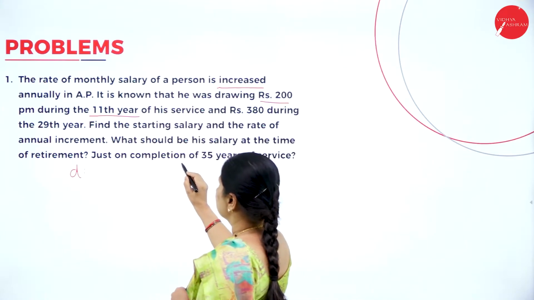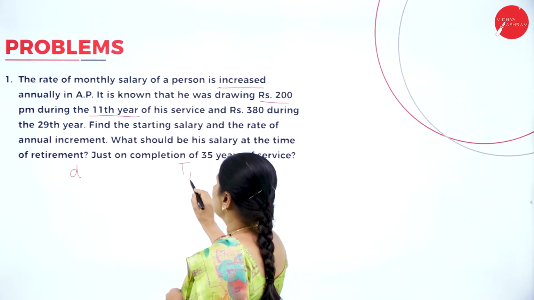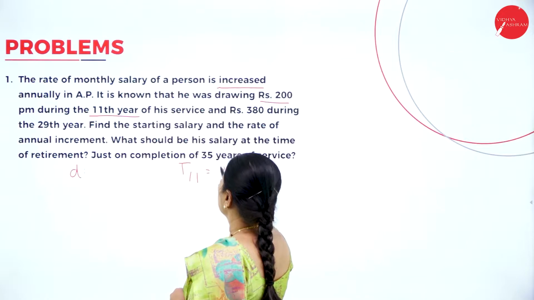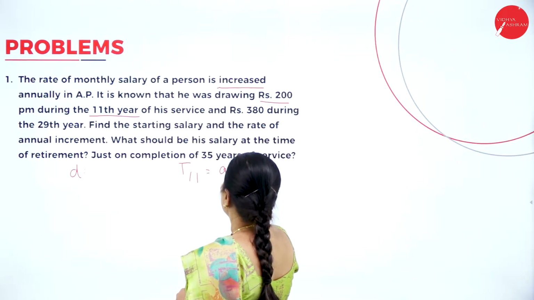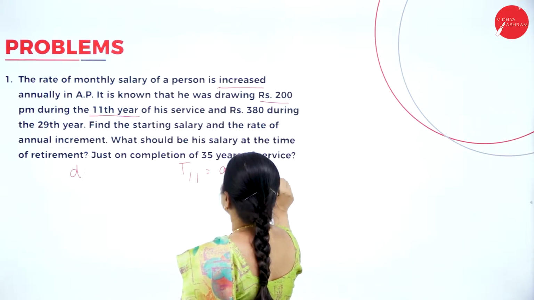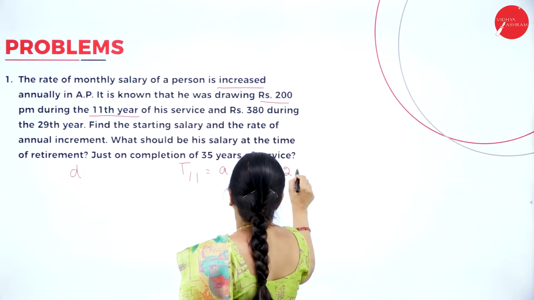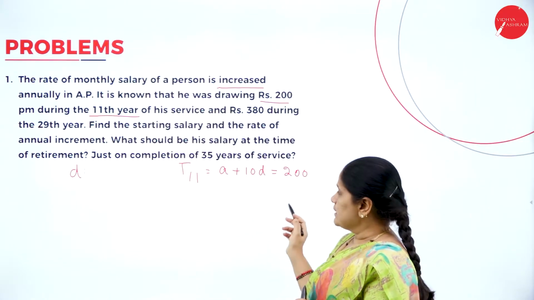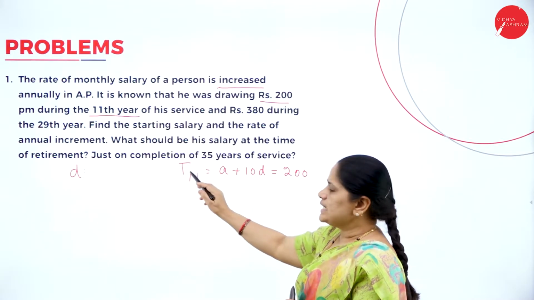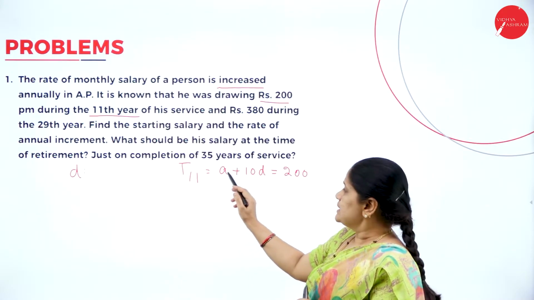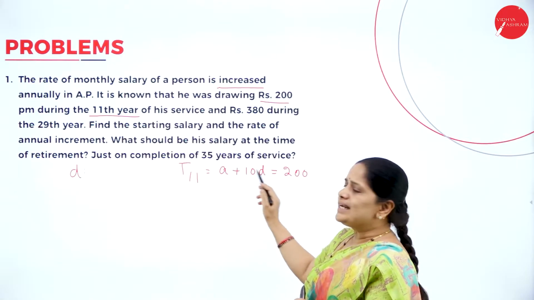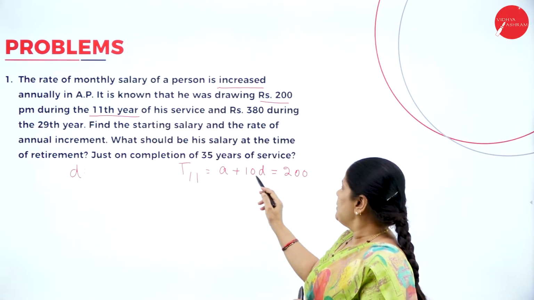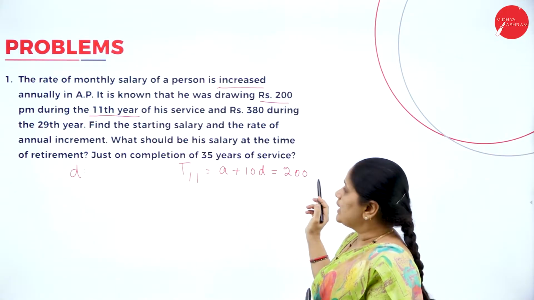So, 11th year means T11. T11 means A plus 11 minus 1, that is 10D. So, A plus 10D equals 200.